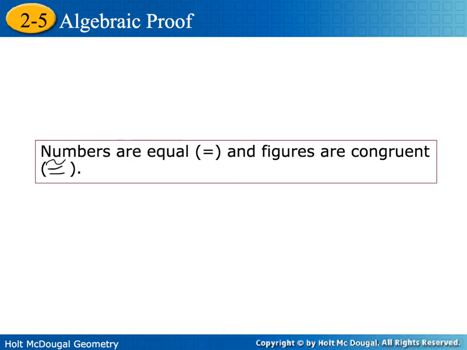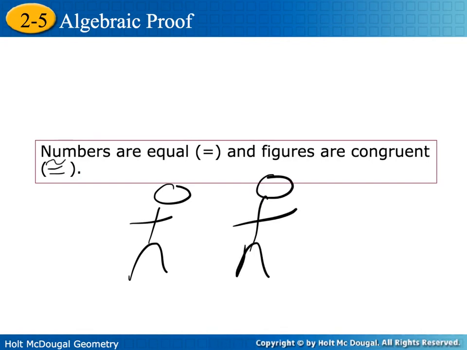So here's Bob and here's George. They are congruent, but they are not equal. They may both be 5 feet. Their heights are equal. The people themselves are not equal. So the people are congruent, their heights are equal.